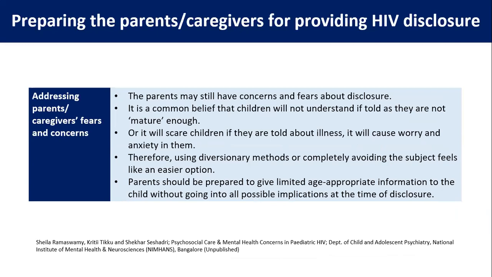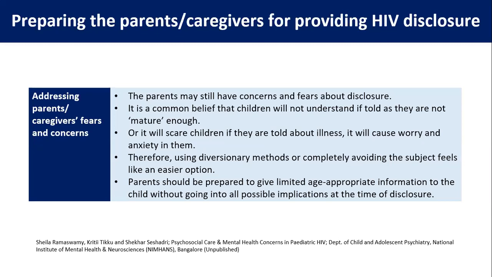Caregivers' fear and concern need to be addressed, as the parents may still have concerns and fear about disclosure. It is a common belief that the child will not understand if told as they are not mature enough, or that it will scare the child if they are told about the illness. It will cause worry and anxiety in them. Therefore, using diversionary methods or completely avoiding the subject feels like an easier option.